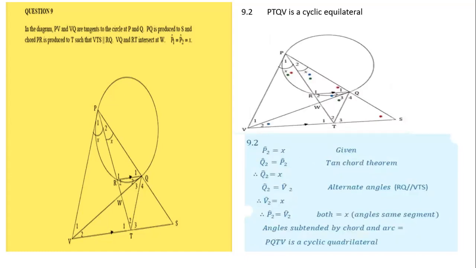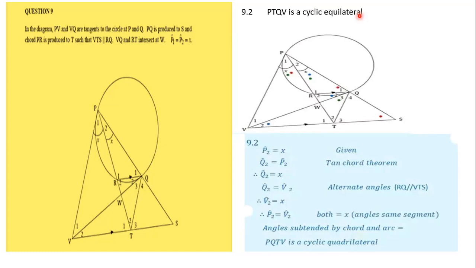9.2 says prove that PTQV is a cyclic quadrilateral. Before you solve these kinds of questions, you must first understand the properties of a cyclic quadrilateral.